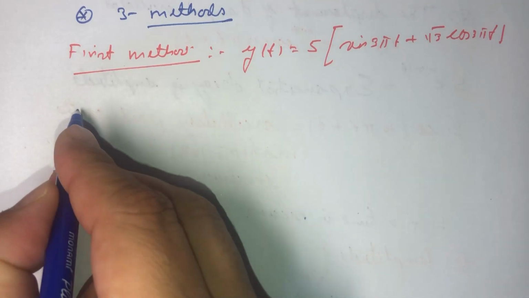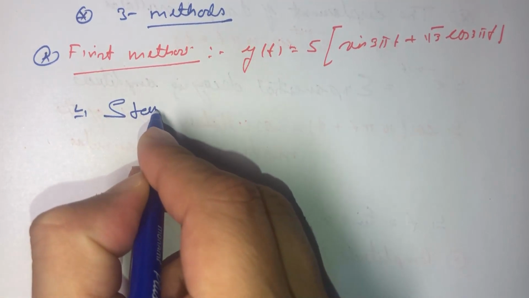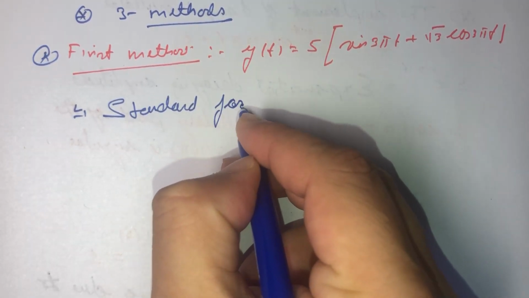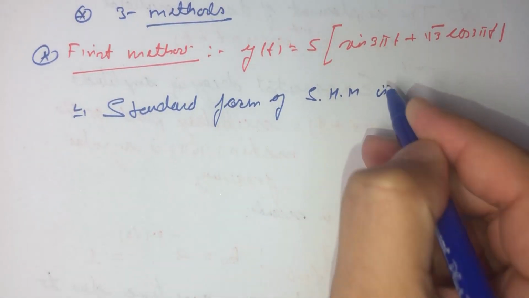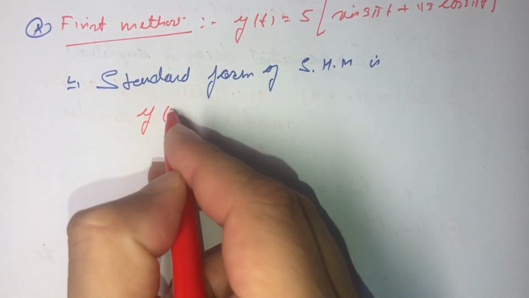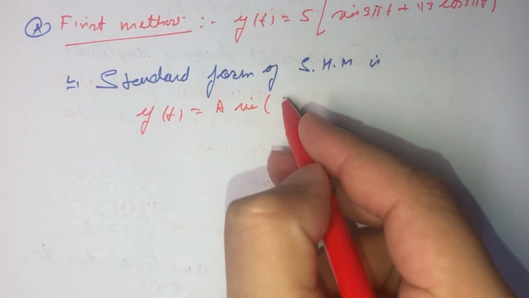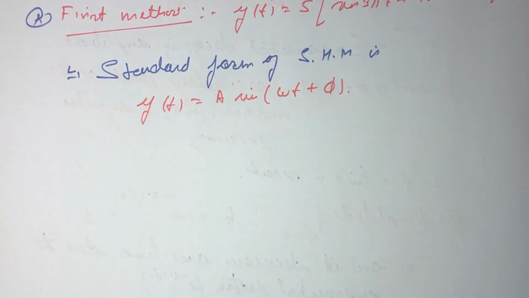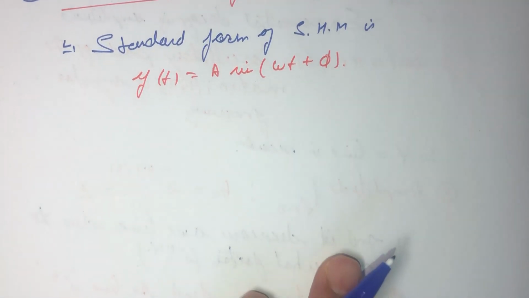So the standard form of SHM is y(t) = A sin(ωt + φ), where A is the amplitude, ω is the angular frequency, and φ is the phase difference.